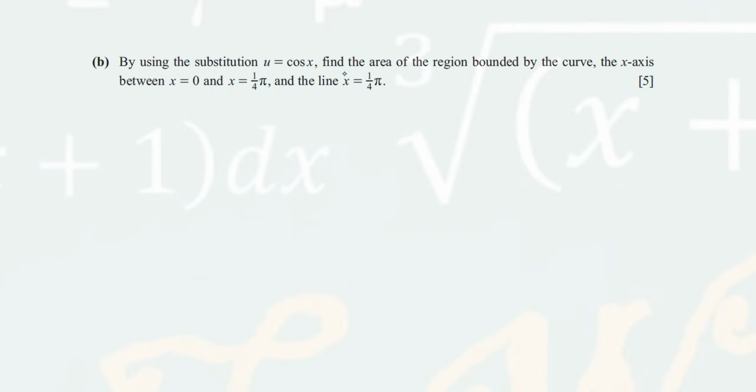Okay, now b, use the substitution u equals to cos x. Find the area of the region bounded by the curve, the x-axis, and the lines. Okay, everything is given. So your area is basically integrate from 0 to pi over 4, 5 sine 2x cos square x dx.